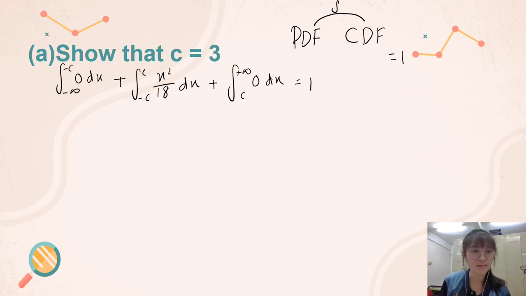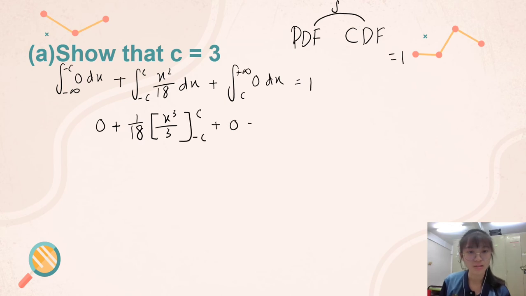And we know that the integration of constant 0 will definitely be 0, plus 1 over 18 because we take out the constant from the x squared over 18. We just need to integrate the x squared here, so we get x cubed over 3 from negative c to c, plus the 0, is equal to 1. And we get 1 over 18 times x cubed over 3 from negative c to c is equal to 1.